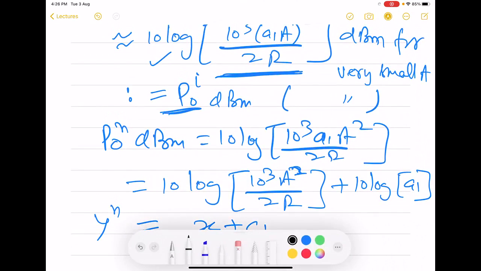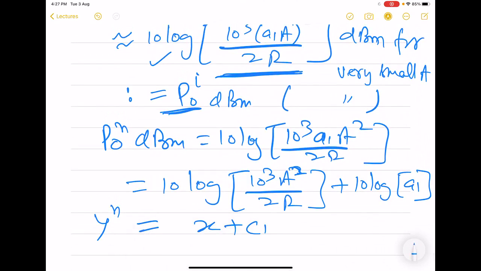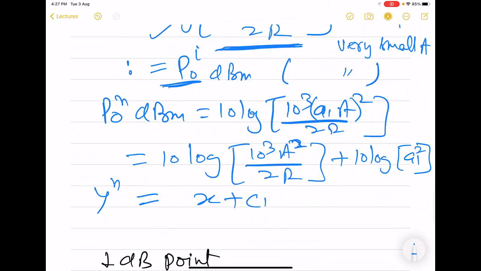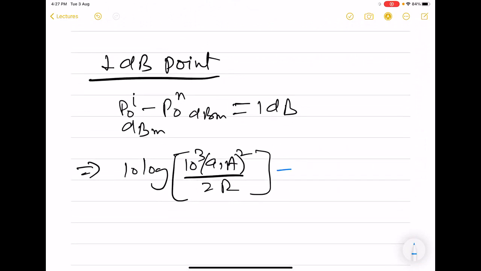Here also there is a mistake. This should be like this. This is A1 square. Now here we will write the actual expression for the non-ideal case, not the approximated one.